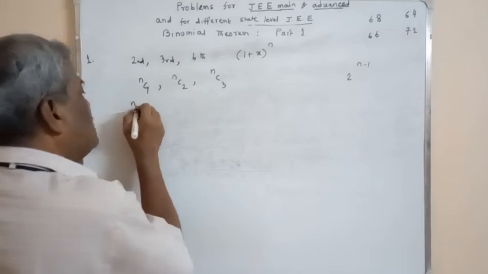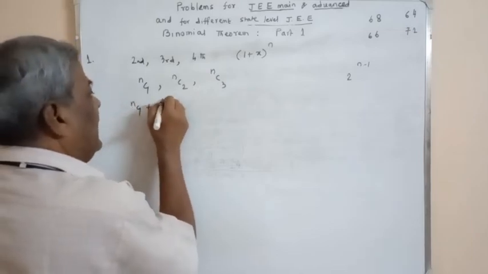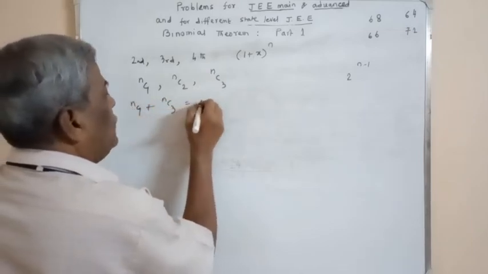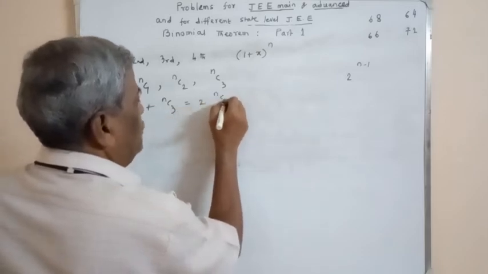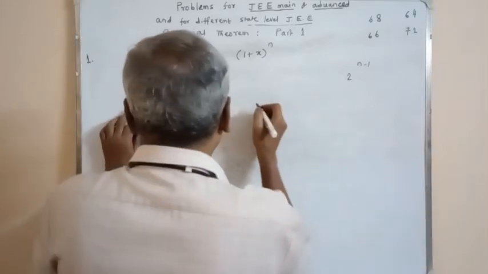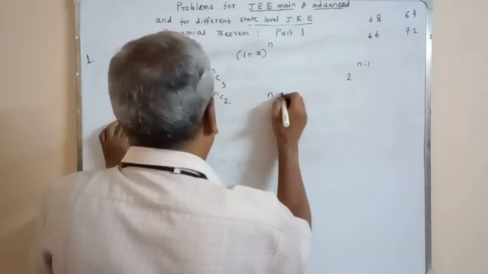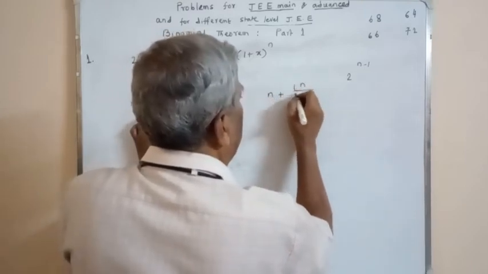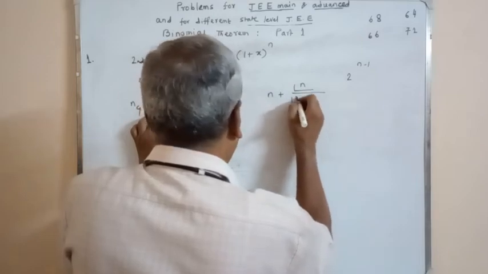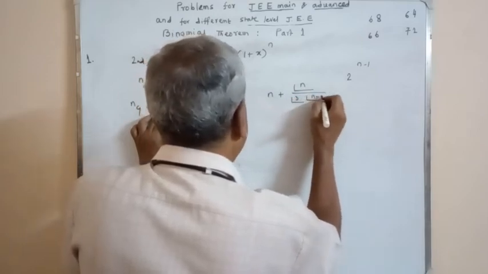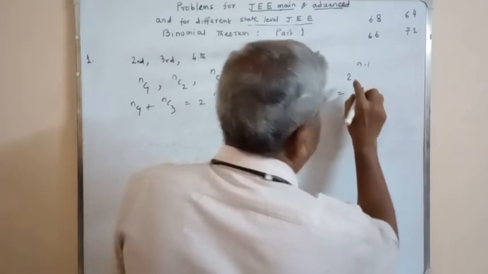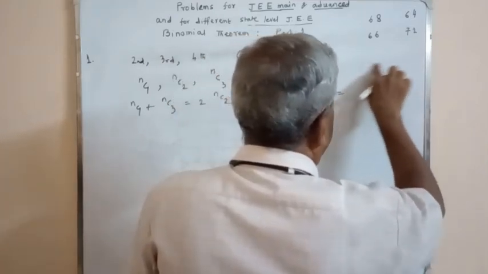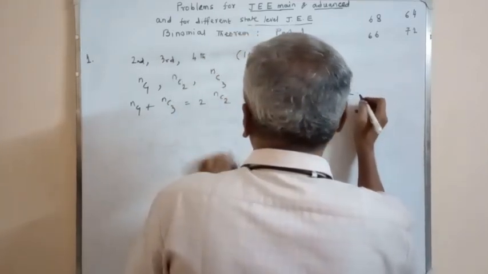Therefore, nC1 plus nC3 is equal to 2 times nC2, giving nC1 is simply n, plus nC3 is factorial n by factorial 3 into factorial n minus 3, is equal to 2 times nC2.